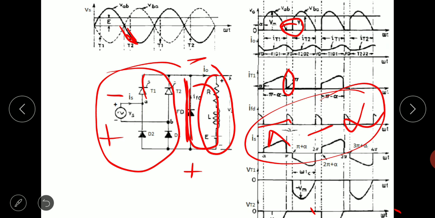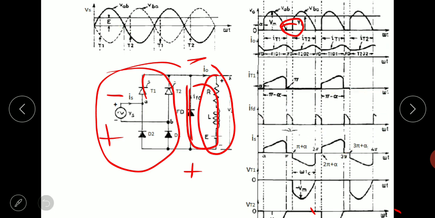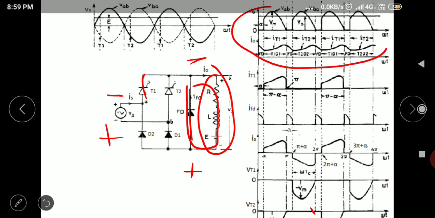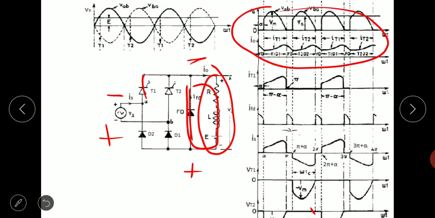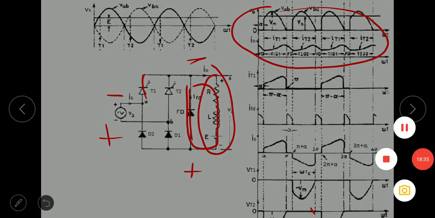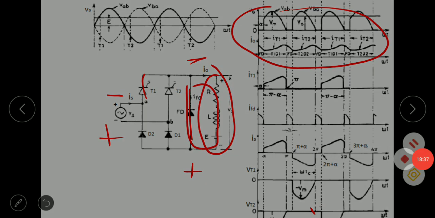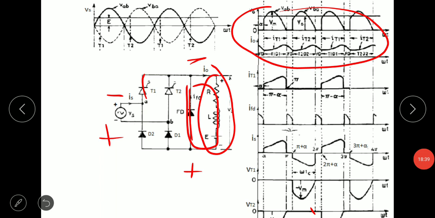In the previous case, both thyristors were conducting for angle pi, and in this case, both thyristors will be conducting for angle pi minus alpha. There will be no change in load voltage or load current, whether we use a freewheeling diode or not. In both cases, our waveform remains the same.